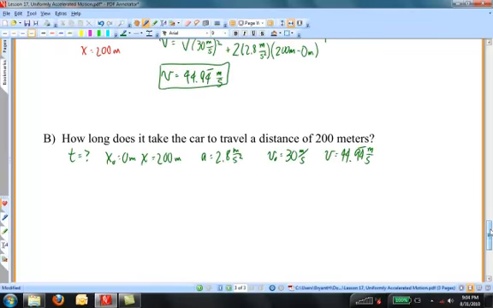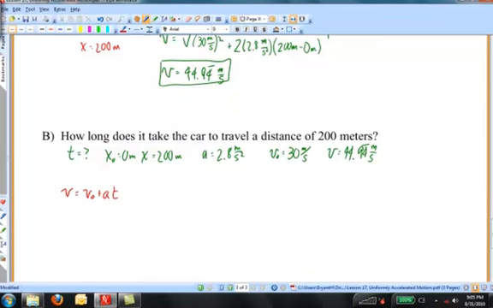Now again, what am I trying to find? I'm looking for time. Now I've got several different equations that might be able to help me with that. For instance, I could use the second equation of motion, but that one has time as a squared variable in it, and I would probably have to pull out the quadratic formula to figure that out. But the first equation is useful. I can say v is v naught plus at, and I know all of those variables, so I can solve for the time.